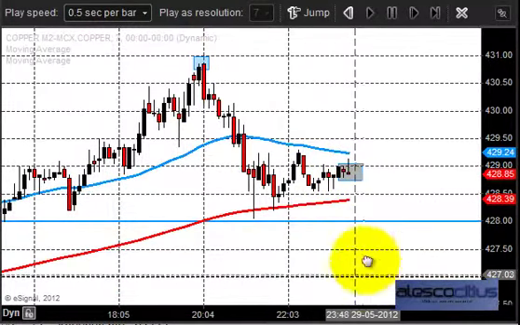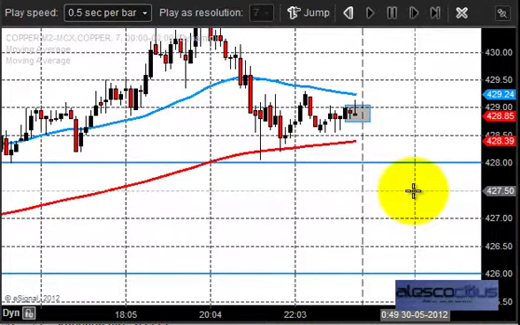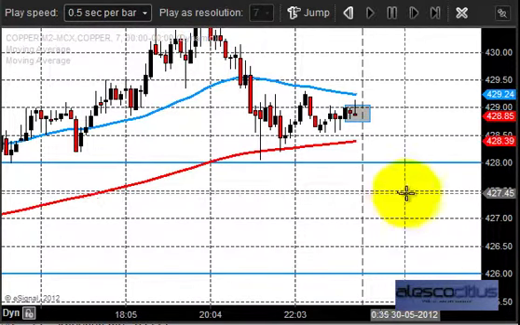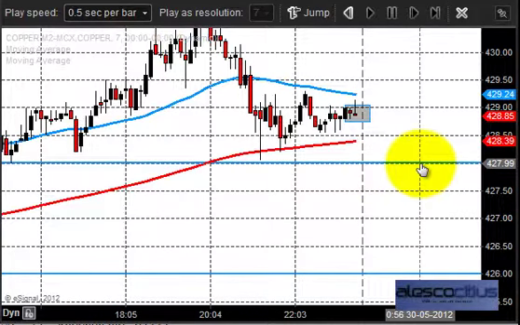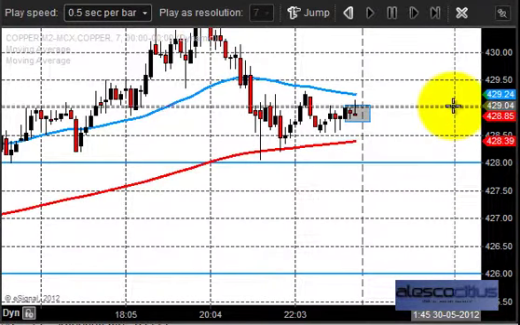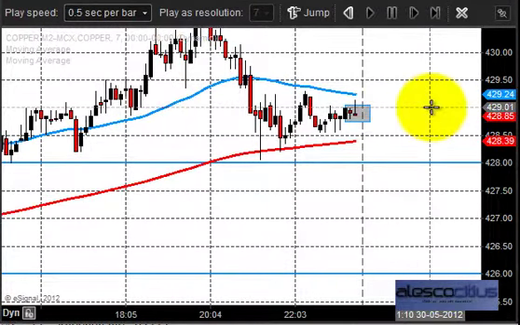If you find any opening near 427.5 or 427, this 428 is going to provide some resistance for the copper market, and you can test the market having 429 as a stop loss.